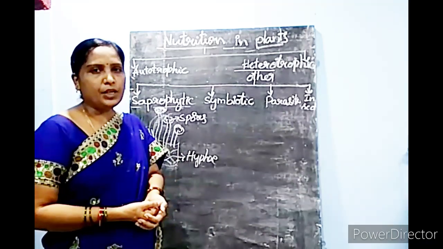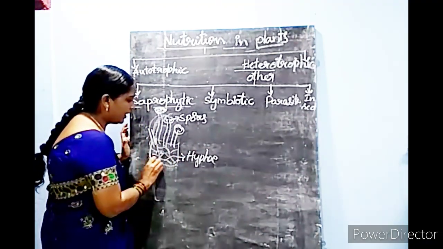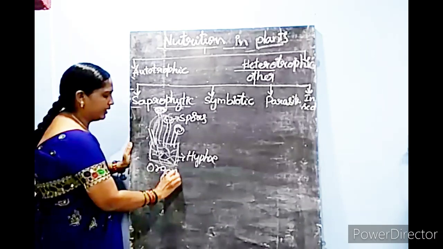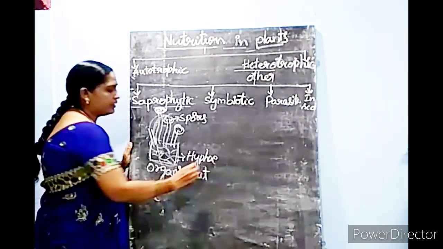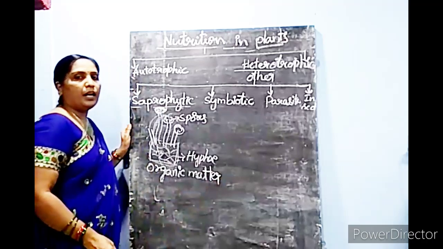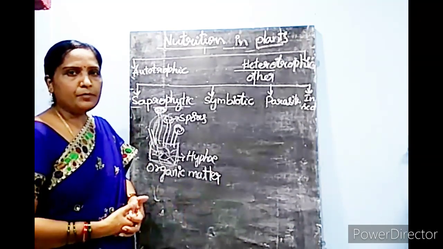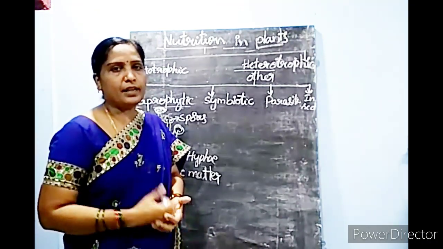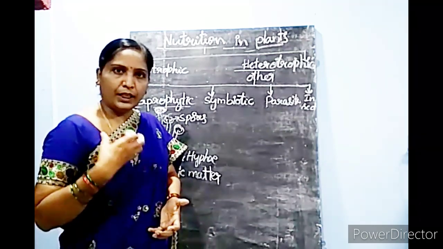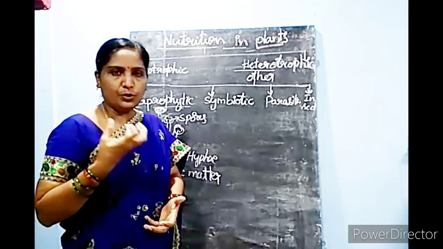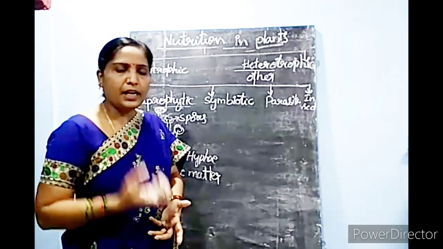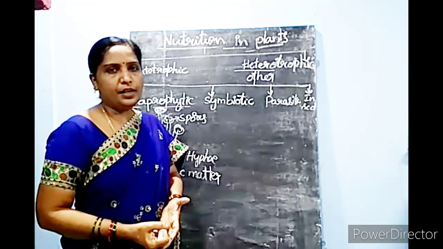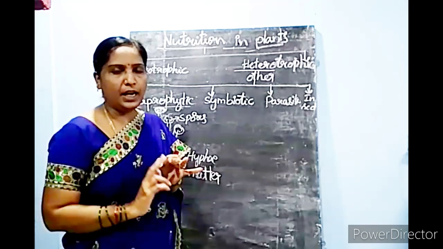Such type of nutrition means they are depending on organic matter. To obtain their nutrition, they depend on organic matter. And sometimes they can also depend on dead and decayed parts of plants and animals. The dead parts of the plant also contain organic matter. Organic matter is nothing but where the nutrient parts are present, like your carbohydrates are made up of carbon, hydrogen and oxygen.